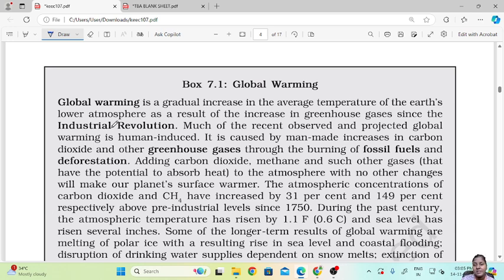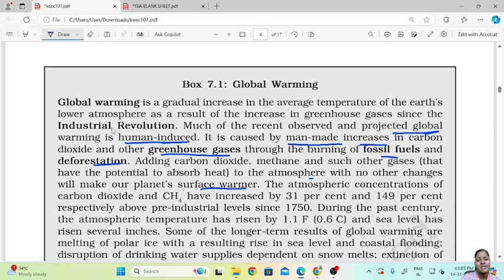Much of the recent observed and projected global warming is human induced, caused by man-made increases in carbon dioxide and other greenhouse gases through the burning of fossil fuels and deforestation. Adding carbon dioxide, methane, and other such gases to the atmosphere with no other changes will make our planet's surface warmer. The atmospheric concentration of carbon dioxide and CH4 has increased by 31% and 149% respectively.